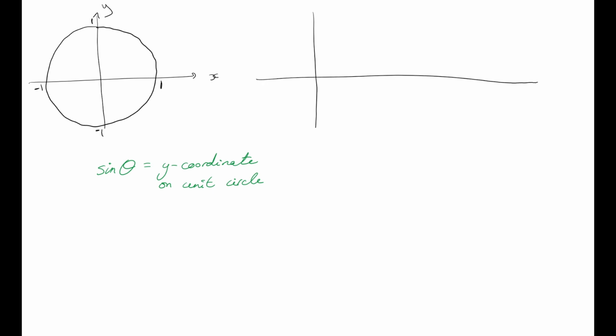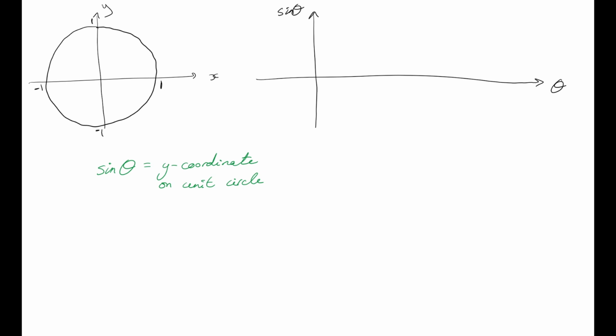So we defined previously that sine theta is equal to the y coordinate on the unit circle. So the thought process is exactly the same, except instead of watching what's happening to the x coordinate, I'm watching what's happening to the y coordinate. So this is sine theta, this is theta.